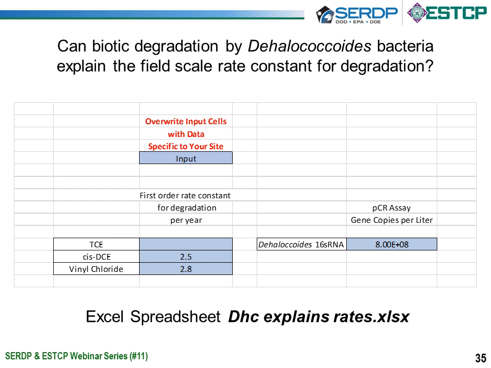In this case, all these points where you see input, that's the data that you're going to be inputting. So you put in your different rate constants for your different contaminants and your qPCR numbers.